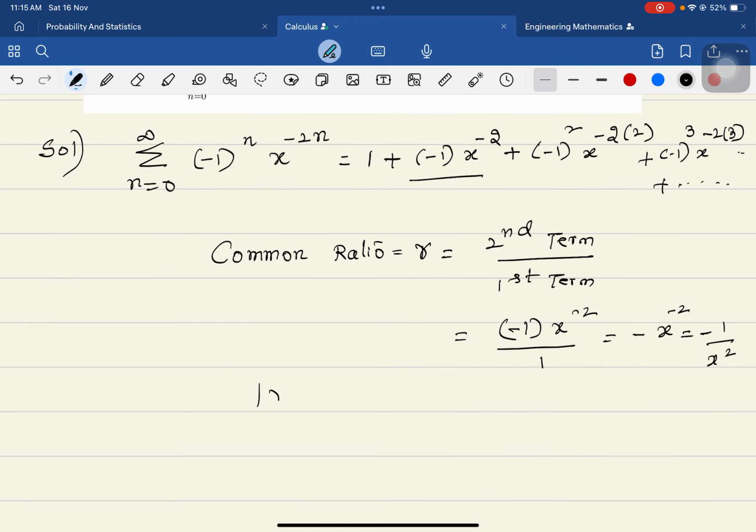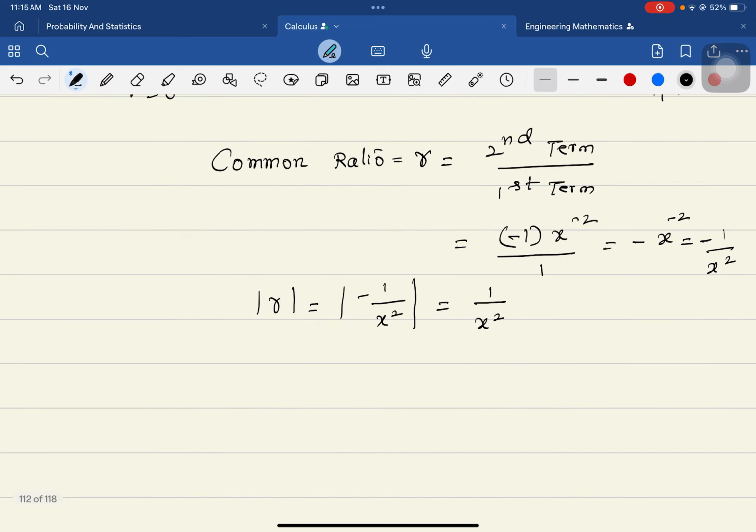Now what is the modulus value of this common ratio? It is the modulus of -1 over x², which is 1 over x².